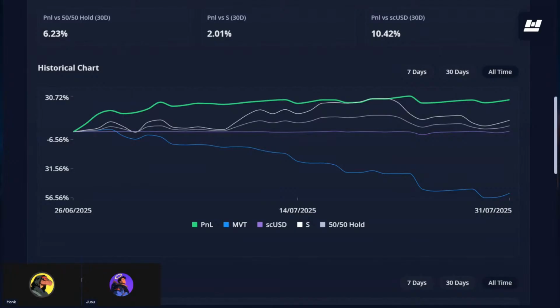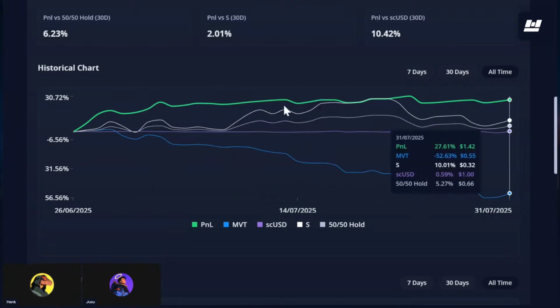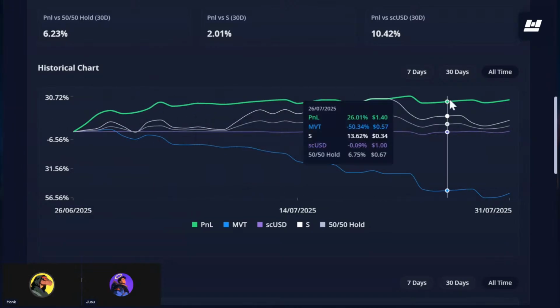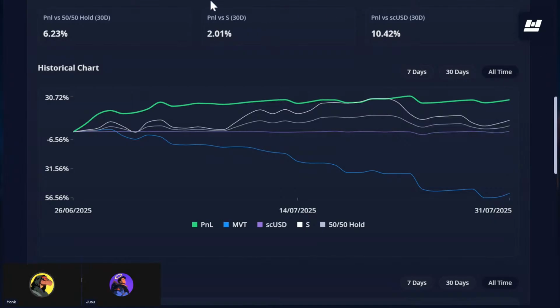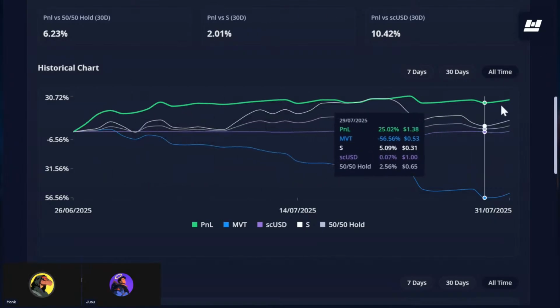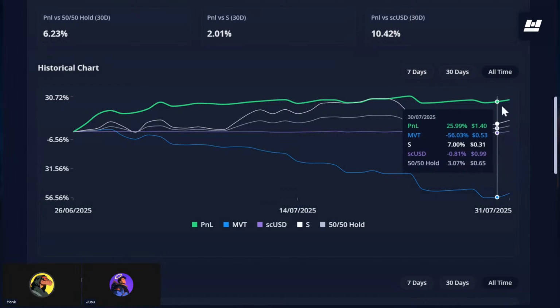The MVT token is going down a lot, whereas the P&L is going up. What this shows you is that this strategy is very aggressive. It is profitable, but it is printing a lot of impermanent loss.